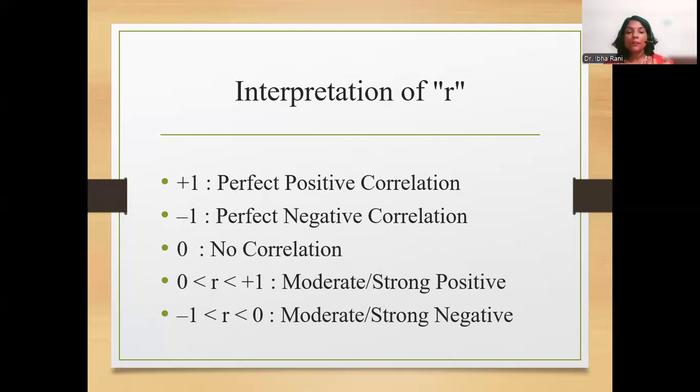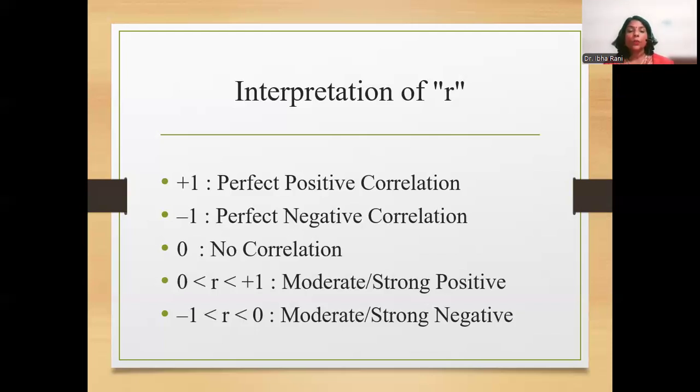Based on the value of r, you can interpret how these two variables are correlated to each other. If the value of r is coming exactly +1, it shows that both the variables are perfectly positively correlated.